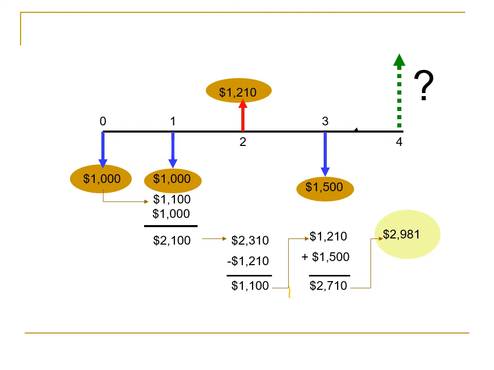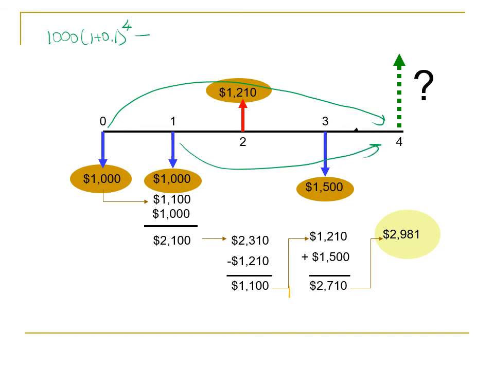How? Separately. Move this to the year 4. So it is 1,000 times 1 plus 0.1 to the power 4. So we are moving 4 periods ahead. And then this one plus 1,000 times 1.1 to the power 3 because we have 1, 2, 3 periods now. And then for this one, I will move it forward for 2 periods, but since it's in the opposite direction, it will be negative.